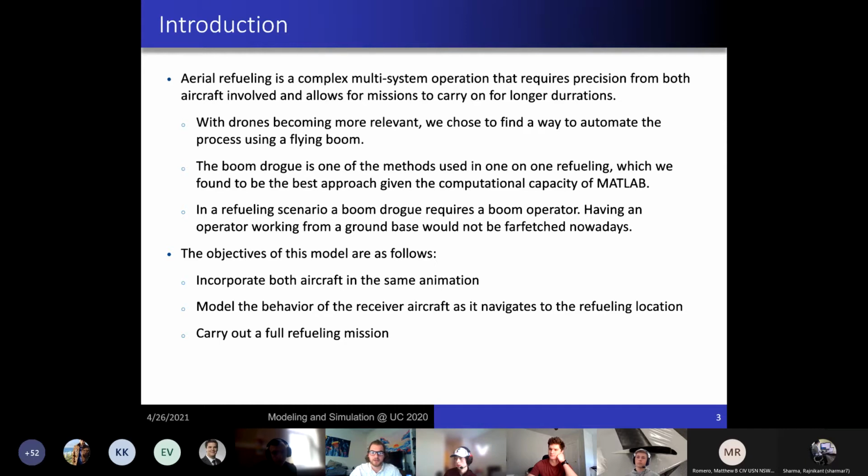We figured that we could either automate this process or have a boom operator working from the ground, either with a VR type of headset or just a screen. Our objectives for the final results: we wanted to incorporate both of our aircraft into one animation as well as our drogue. We wanted to model the behavior of our receiver so that it would navigate to the refueling location, and we wanted to be able to carry out a full refueling mission.